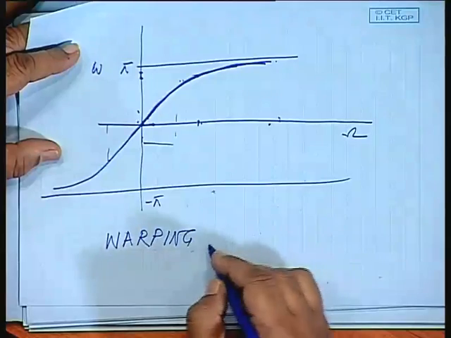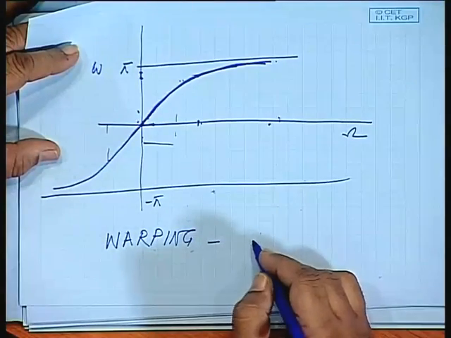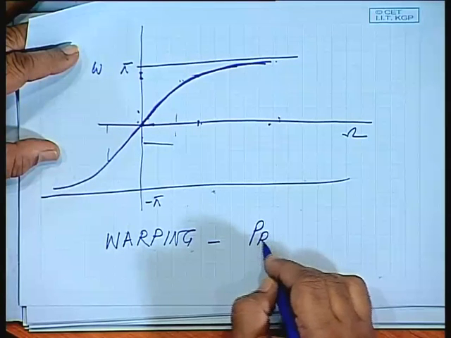In the analog domain, you stretch it and then give your specifications, design the filter, and then you make a substitution such that after this warping it comes to the normal specification, it meets the normal requirement. So, that is the idea of pre-warping. So, to counter the warping phenomenon in the design stage, we pre-warp the specifications.